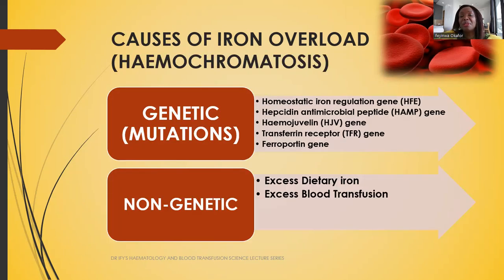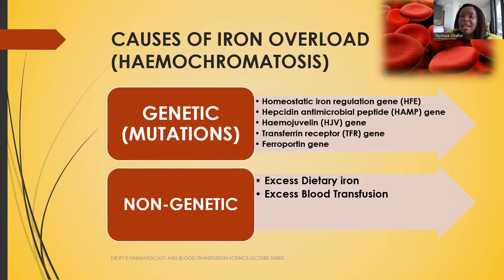What are the possible causes of hemochromatosis? We have genetic causes. This is a result of mutation in various genes that have to do with iron metabolism, especially genes that are connected to Hepcidin.